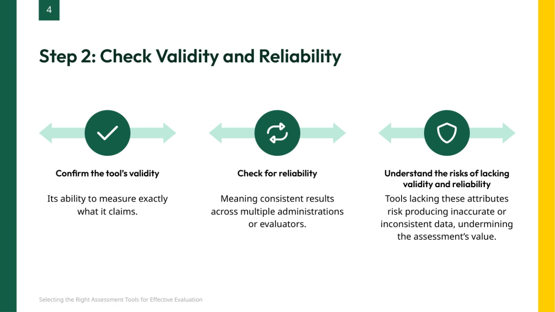Without reliability, the results could vary wildly, making them untrustworthy. Finally, if a tool lacks both validity and reliability, it risks giving us inaccurate or inconsistent data, which ultimately undermines the entire assessment value. So, confirming these two attributes is essential to ensure we're making sound decisions based on dependable information.